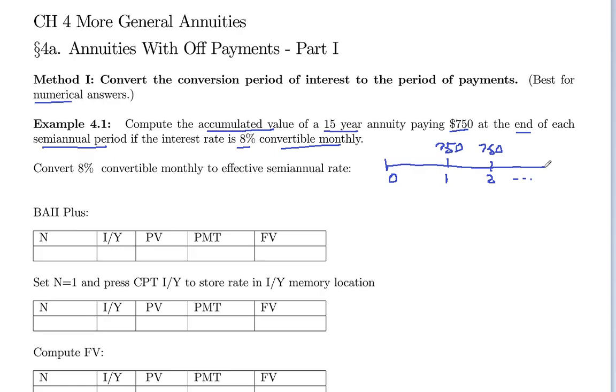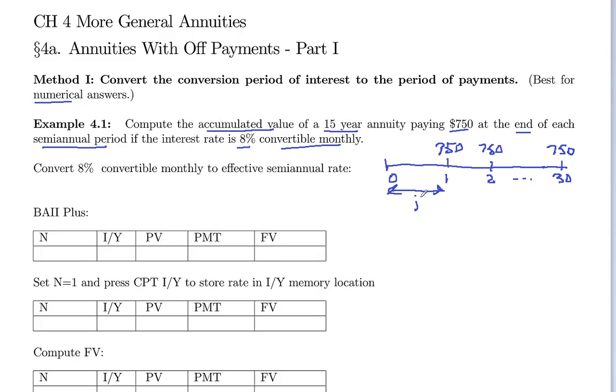And this will go out for 15 years, so that's 30 semi-annual periods, with the last $750 payment there. We've got an 8% convertible monthly, which is our nominal I. We need to know what the interest rate is here. We're going to call that J, where we've got monthly payments.